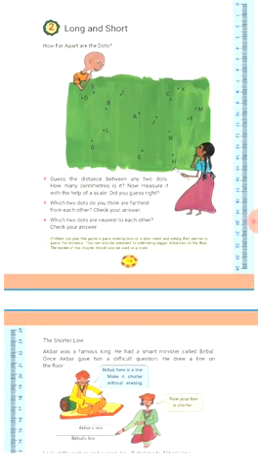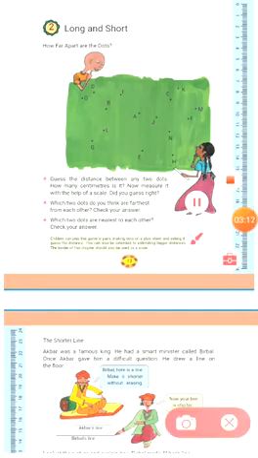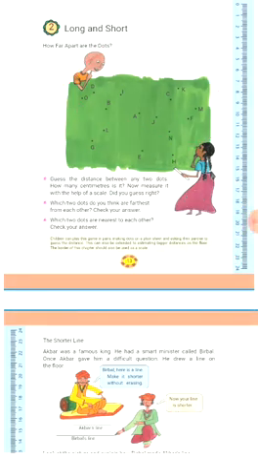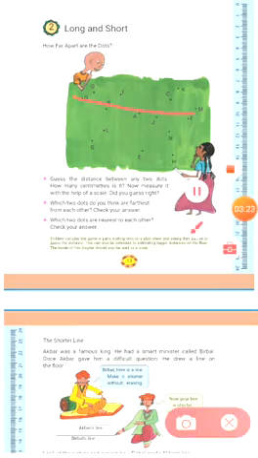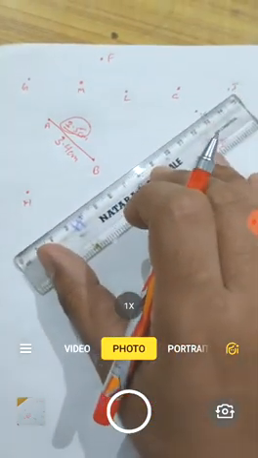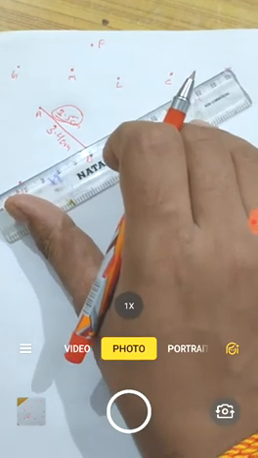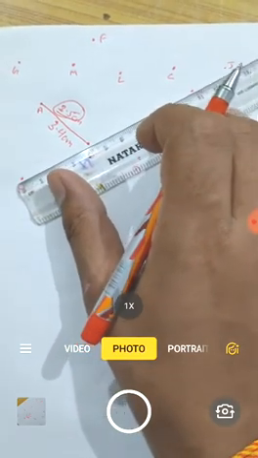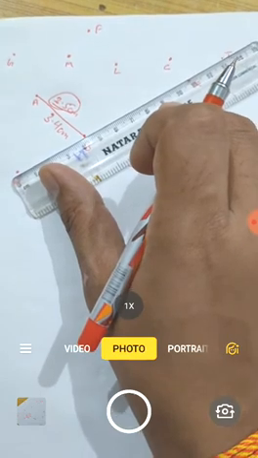Now the second question: which 2 dots do you think are the farthest from each other? Check your answer. In this question you have to find which points are the farthest from each other. Let's suppose O and M are the farthest points. Is it clear? Let's check here. Which one is the largest? From my point of view, I think H and J, because this goes up to 13.3 centimeters.